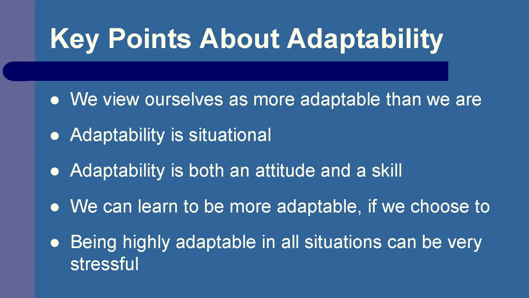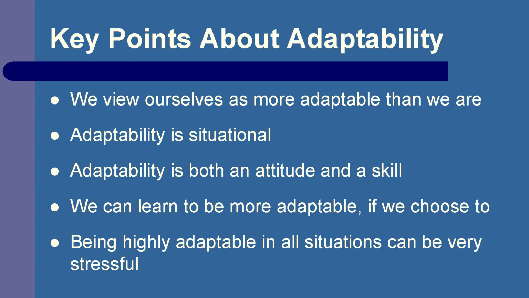And the third point is that adaptability is both an attitude and a skill. Somewhere along your career path, I bet you've met somebody that has an aura about them that says, I am what I am, get over it. Do you know people like that? Yeah, no finger pointing in here, right? But those are people that are just unwilling to adapt. And so adaptability is both an attitude or a willingness and a skill.